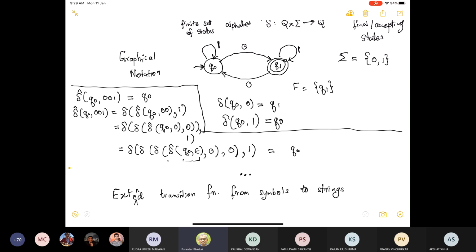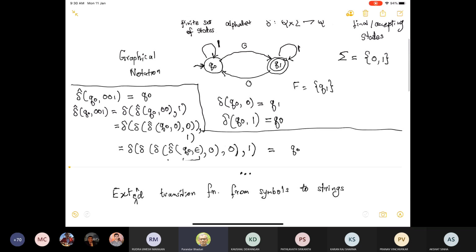Some of the strings which are not accepted are the empty string. Why is the empty string not accepted? Because delta hat Q naught, the empty string epsilon, is Q naught, and Q naught is not a final state. So for the empty string epsilon to be accepted by a DFA, the initial state also has to be a final state. Also, the string 1 is not accepted, and so on.